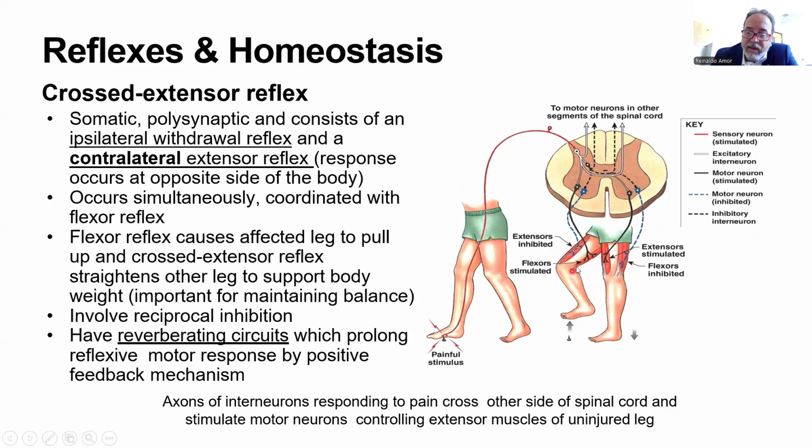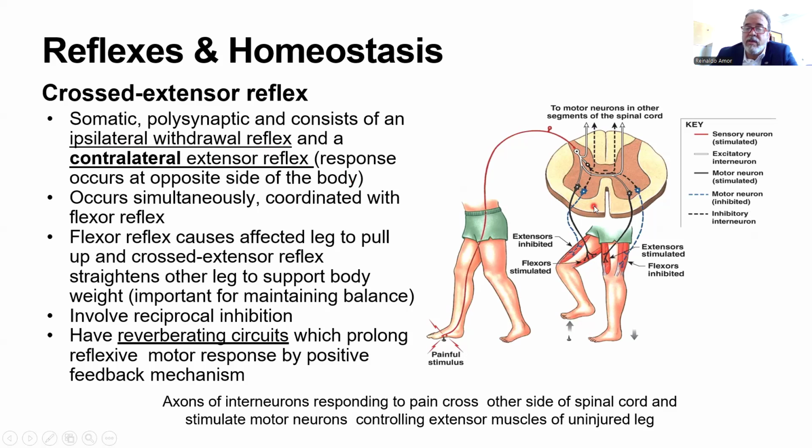So you're going to flex. If you stimulate the hamstrings here, you're going to flex your knee. This is called the ipsilateral withdrawal reflex.